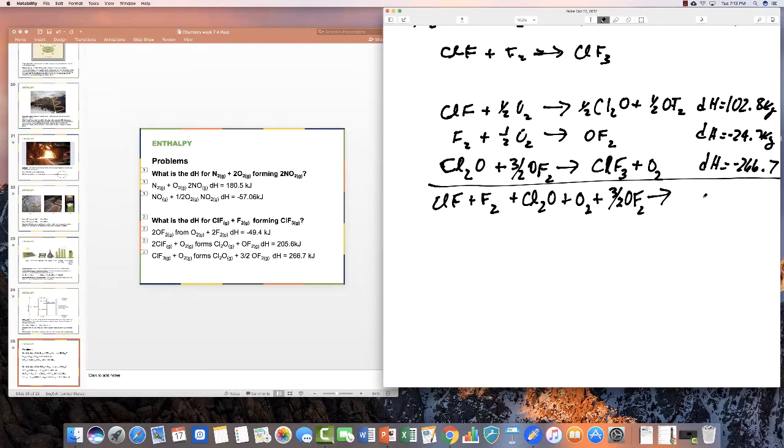And on the other side, we have 1/2 Cl2O plus 3/2 OF2 plus ClF3 plus O2, okay?